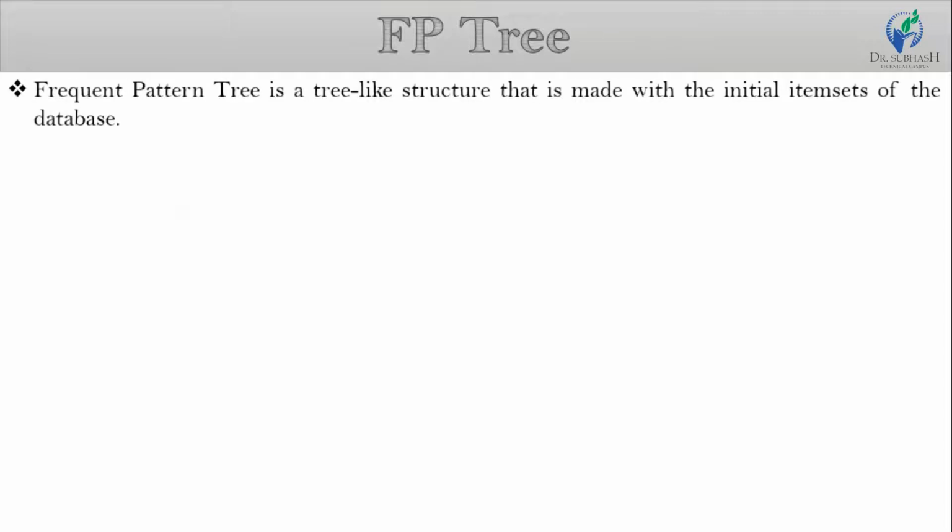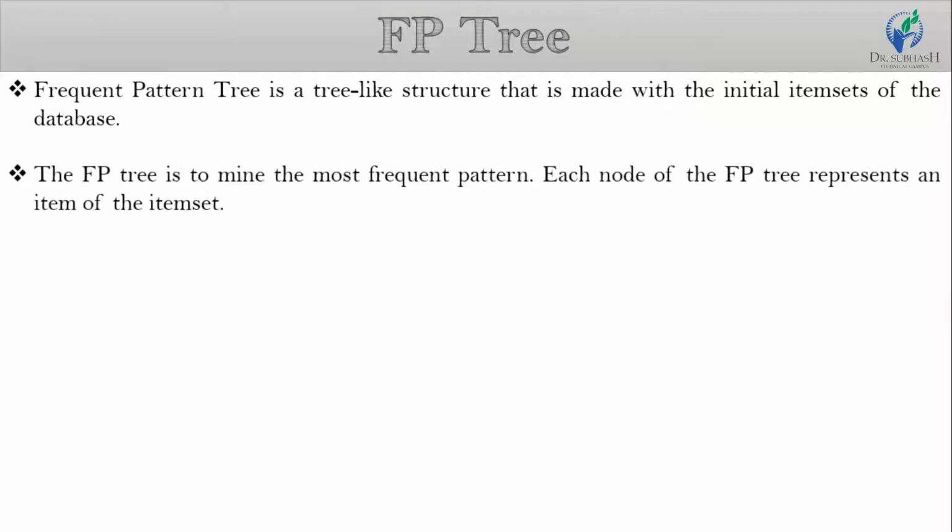Now I explain about the FP tree. A frequent pattern tree is a tree-like structure that is made with the initial item set of the database. The purpose of the FP tree is to mine the most frequent patterns. Each node of the FP tree represents an item of the item set.